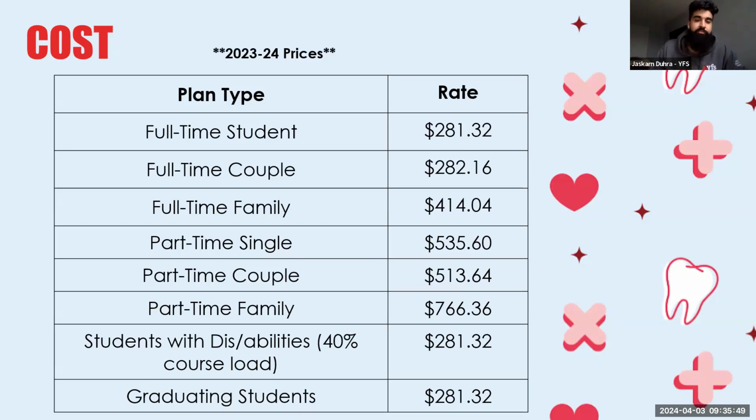Again, it depends on whether you are a full-time or part-time student, and whether or not you would like to add a dependent. All of this is applicable as long as it's done prior to the opt-in application deadline. It'll make your life 10 times easier, because after the opt-in application deadline, I don't have the ability to opt in any further students.